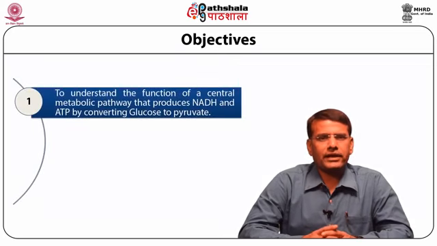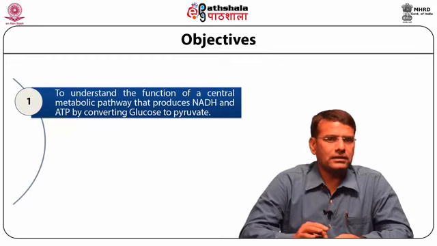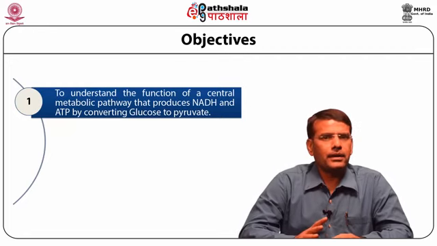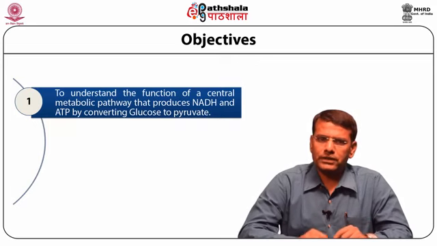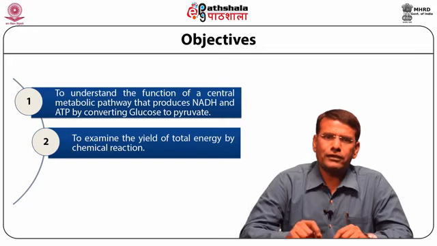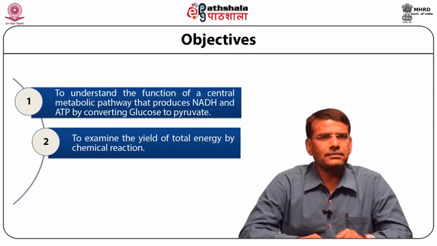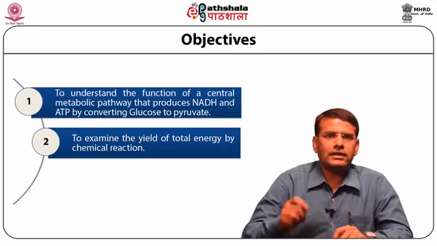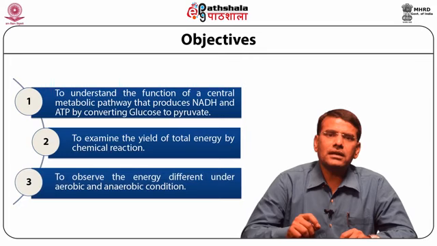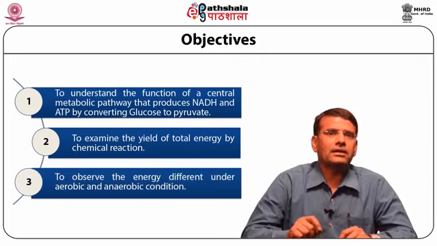We are going to understand the function of a central metabolic pathway that produces NADH and ATP by converting glucose to pyruvate. We will also try to understand the yield of total energy generated by these chemical reactions, and we will try to see the energy difference under aerobic as well as anaerobic condition.